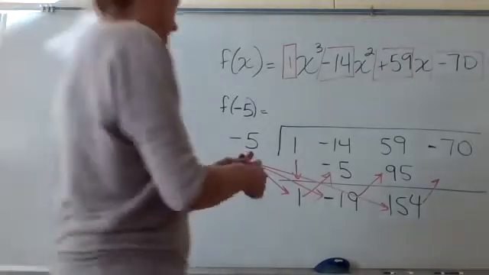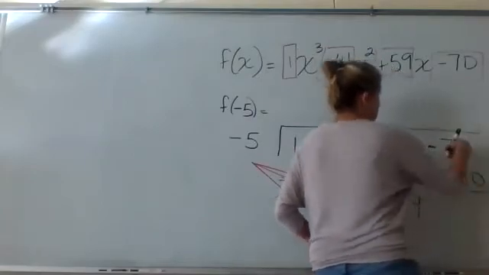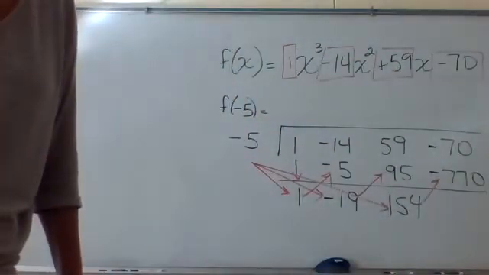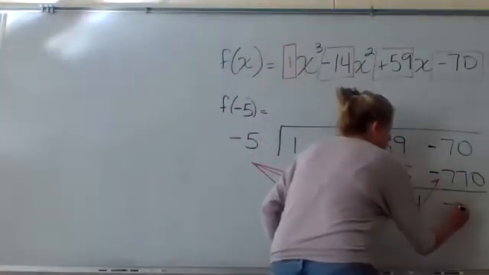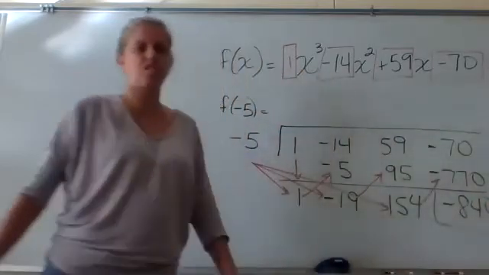Which gives me negative 770. When you add that straight down, negative 770 and negative 70 gives you negative 840. Which means that is your function value.